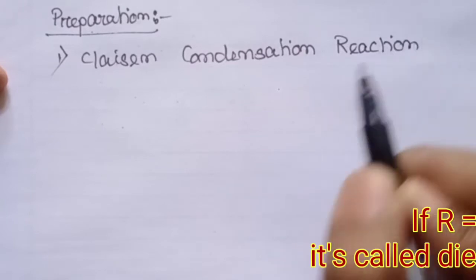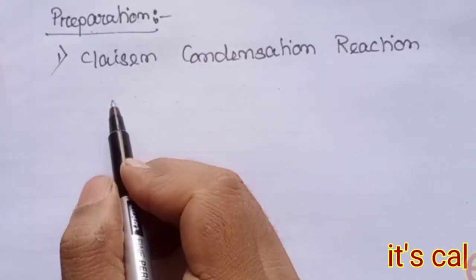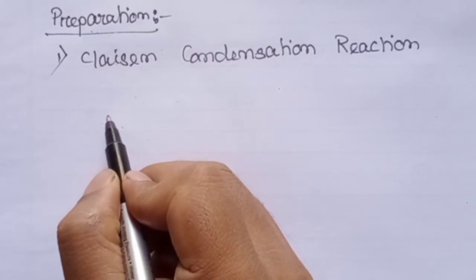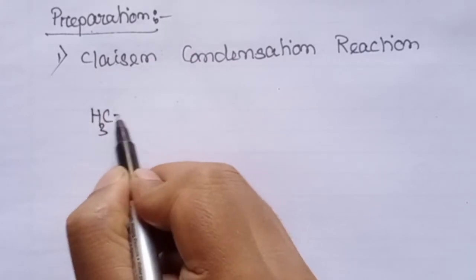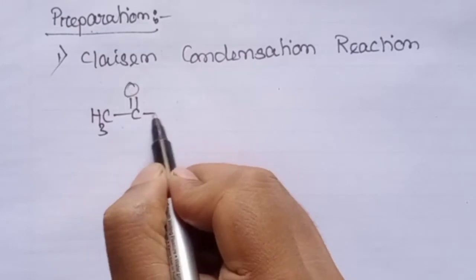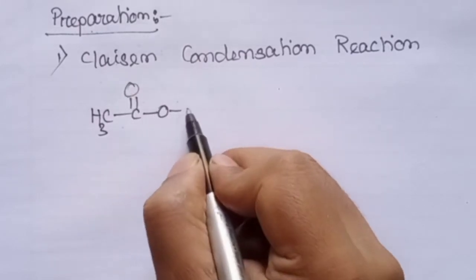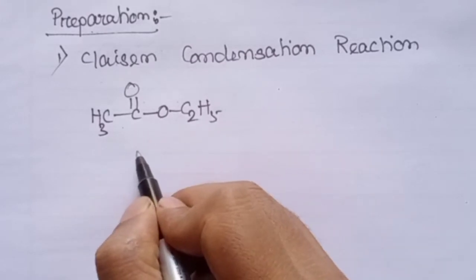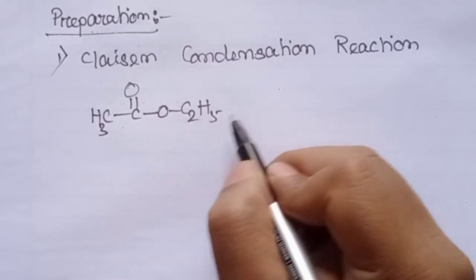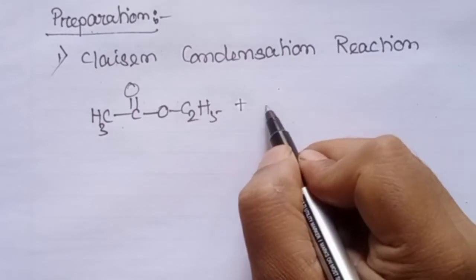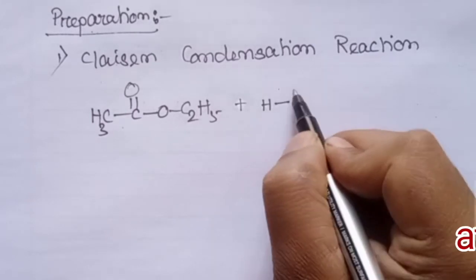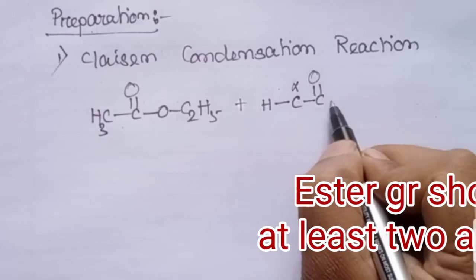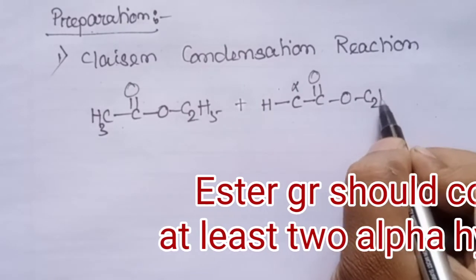Here an ester group, say CH3, C, double bonded O, C2H5. This one is an ester, say ester 1. It reacts with another ester having an alpha carbon, C double bonded O, C2H5.